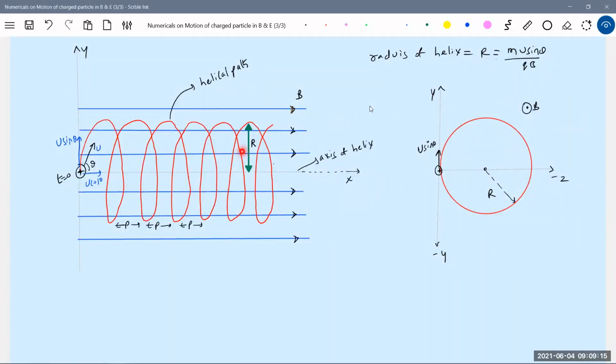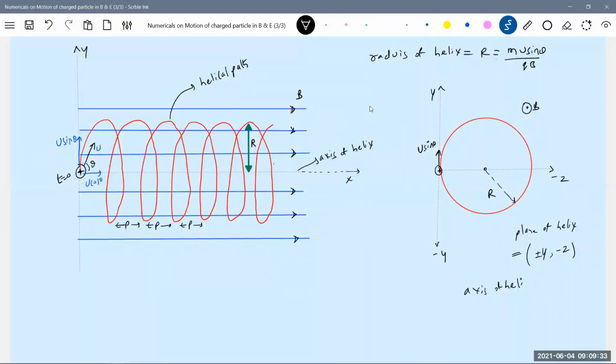Whenever helical comes, what is the plane of the helix? The plane of the helix is plus or minus y minus z plane. This is very important. What is the axis of the helix?